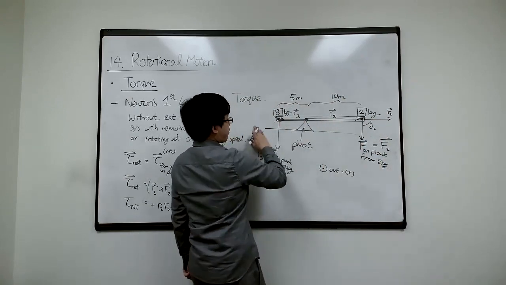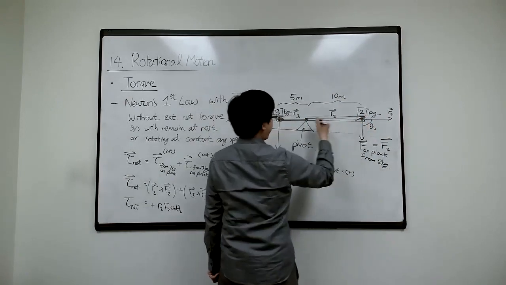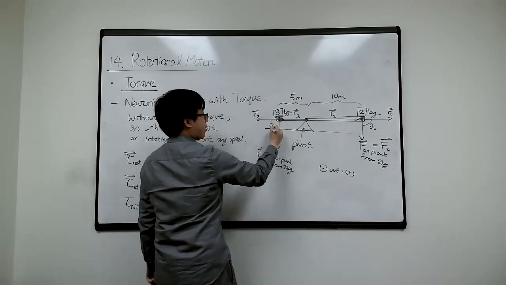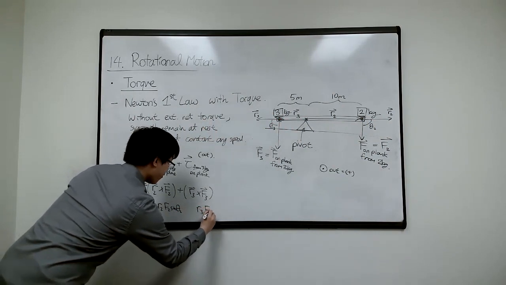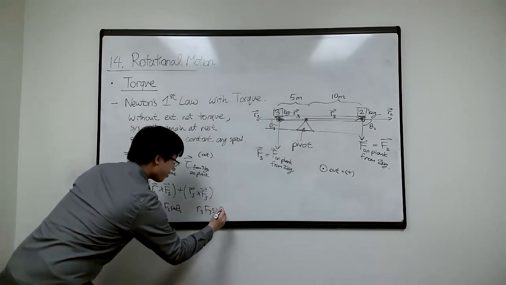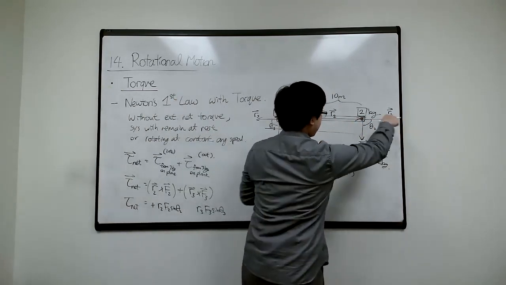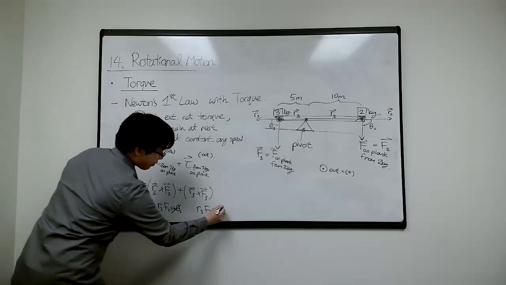For R3, I just need to move them to the same point to compare. This is the included angle, theta 3. It's R3 F3 sine theta 3. But because they are perpendicular to each other, both angles are 90 degrees, and sine of 90 degrees is 1.